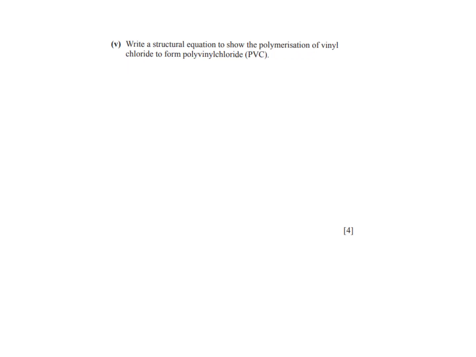Part 5, a structural equation to show the polymerization of vinyl chloride or chloroethene. Chloroethene is the modern name for vinyl chloride. Now, all of these addition polymers are based on ethene, if you think of it that way. So ethene has 2 carbons, it's carbon double bond carbon, and one of the hydrogens is replaced with a chlorine.